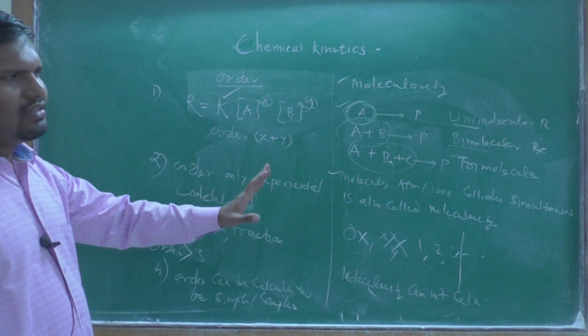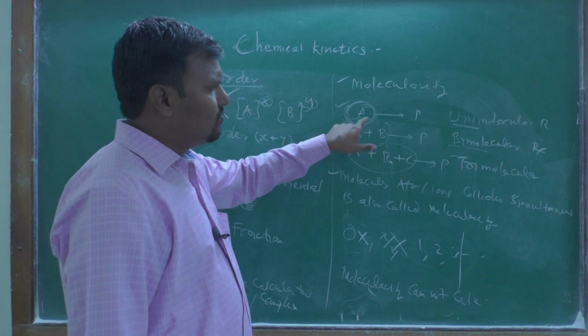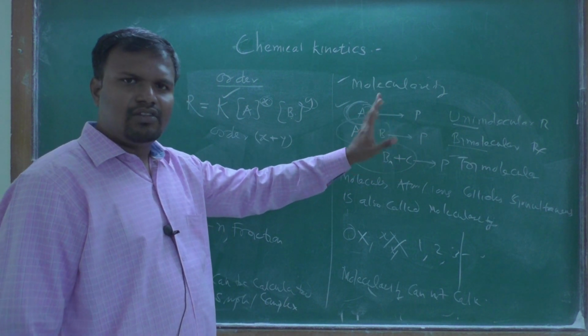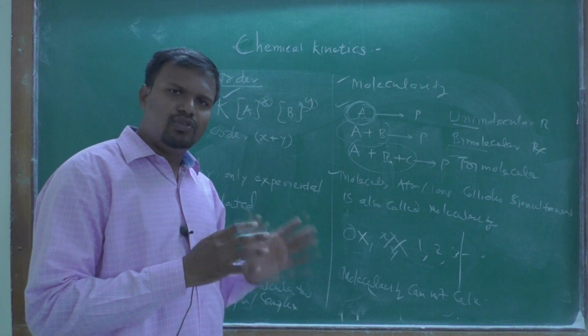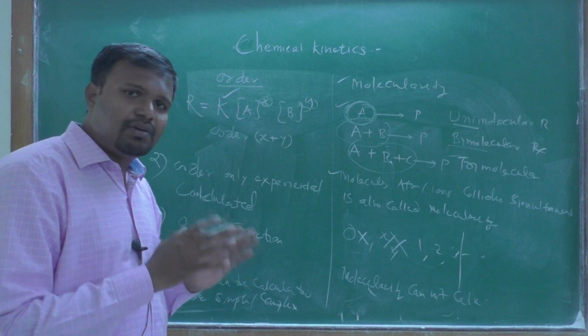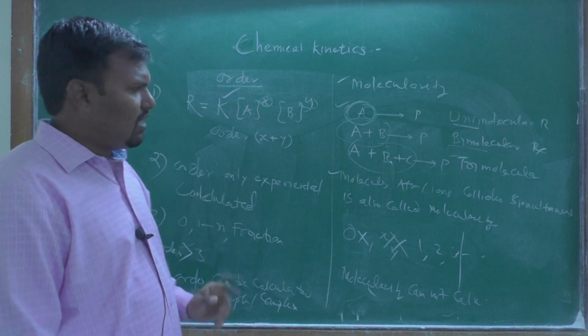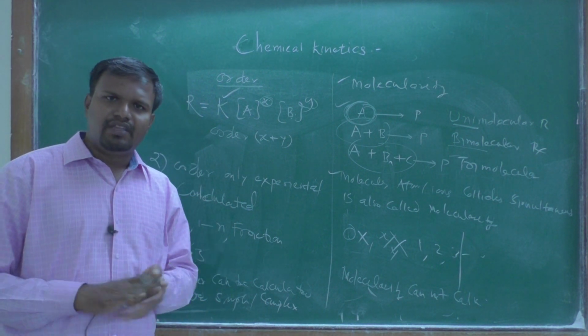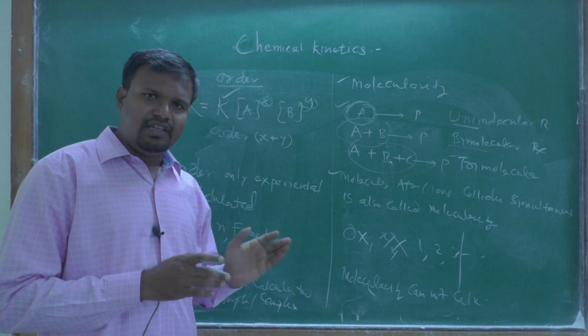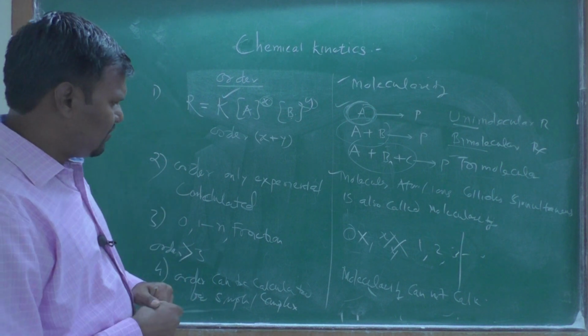The first difference we saw is that molecularity is the number of reactants involved in an elementary reaction, and order is the summation of the exponents of the concentrations of reactants in the rate law equation.